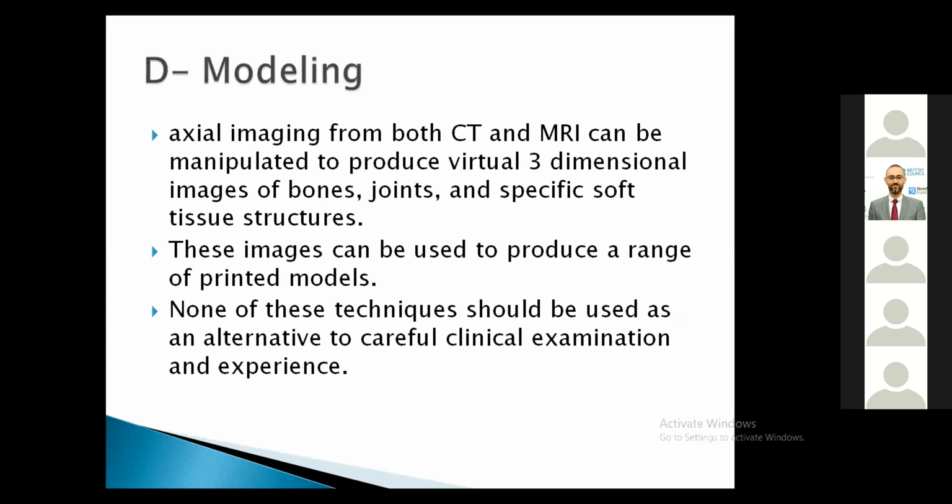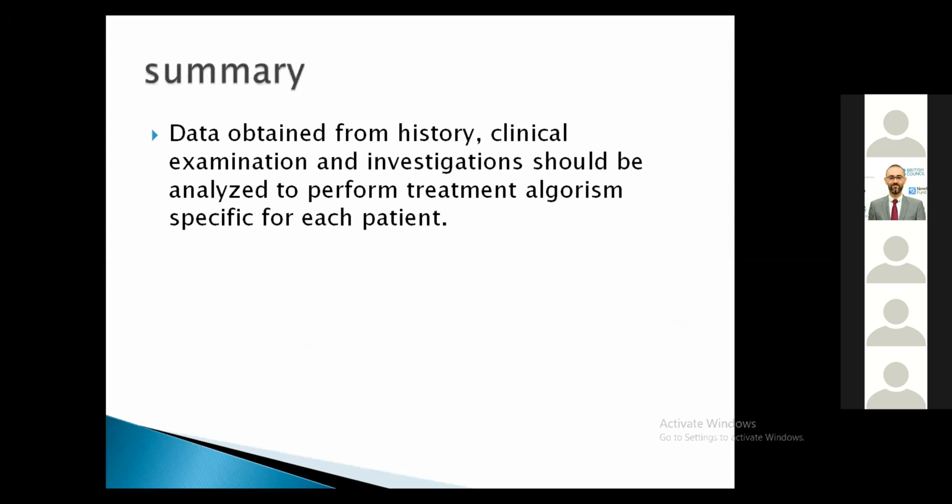Here in Egypt, some of the radiographic centers now take CT of the fractures and make a plastic model for the surgeon to do examination and planning. Summary. Data obtained from history, clinical examination, and investigation should be analyzed to perform a treatment algorithm specific for each patient.